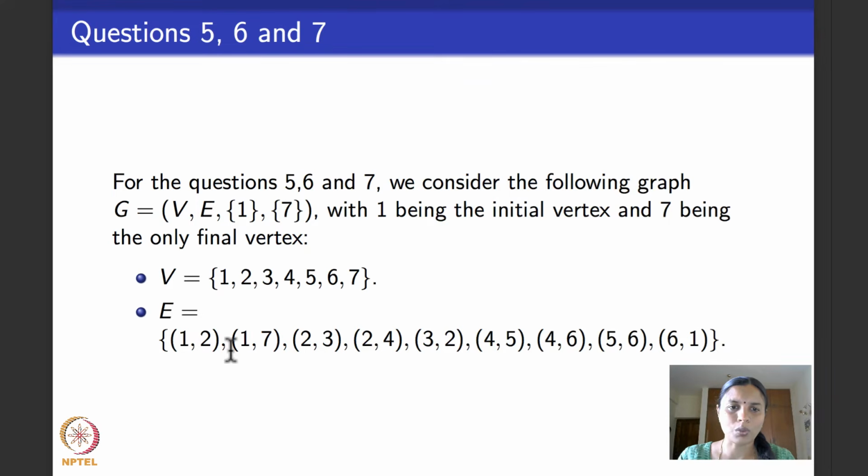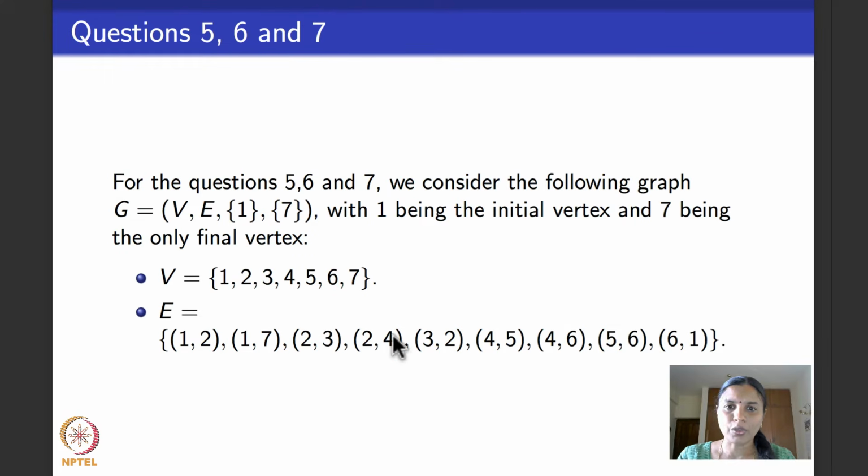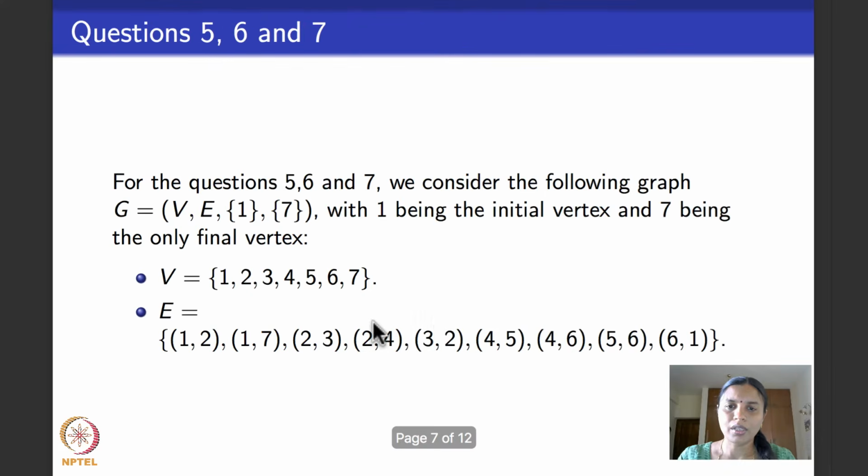So there were 2 edges going out of 1, to 2 and to 7. I've marked those edges, 1 to 2, 1 to 7. 2 edges going out of 2, to 3 and to 4. Marked here, 2 to 3, 2 to 4.